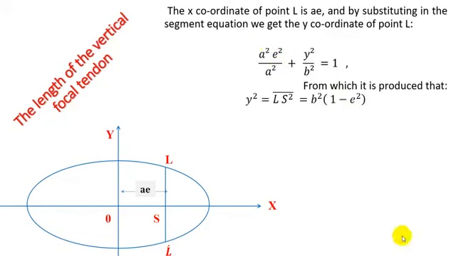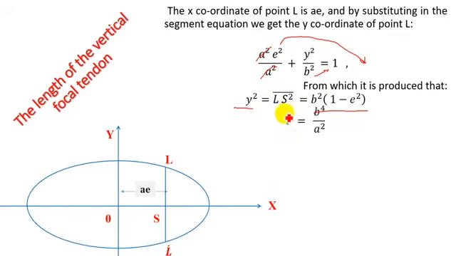Moving X and X, the b square goes with a square, and this one we take outside here, it will be minus, then multiply by b here, so y square will be equal to that. At the same time, that means we have it as the mean of L S square.